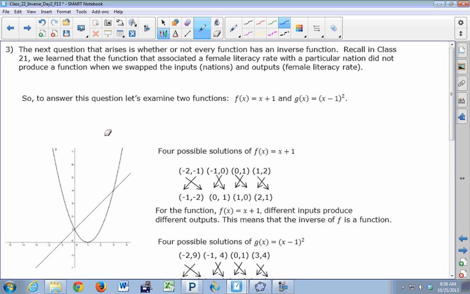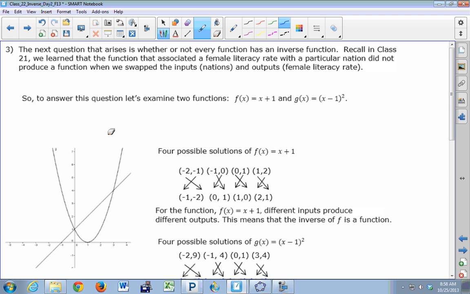All right, so the next question that arises is whether or not every function has an inverse function. From our last class, we saw the female literacy rate when it was associated with the nation, and then we reversed the order. We found out that it truly was not a function because we had 2 countries with the same female literacy rate.